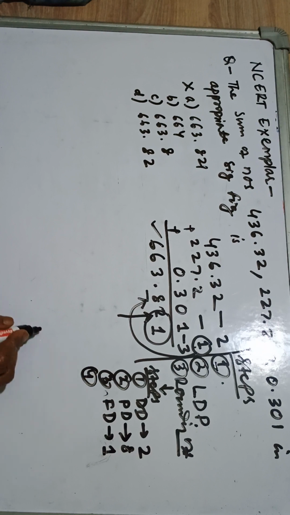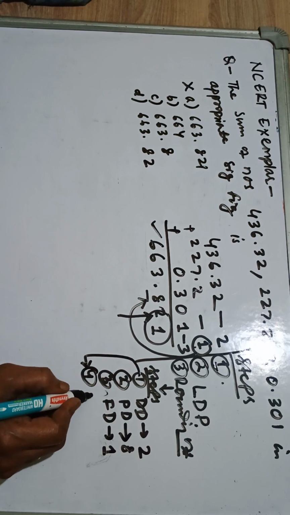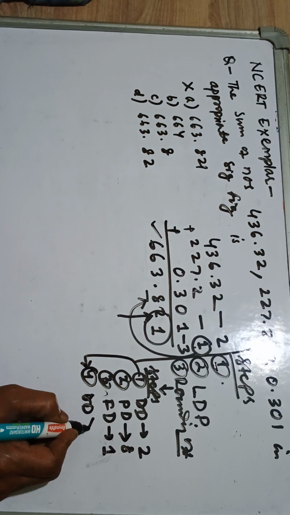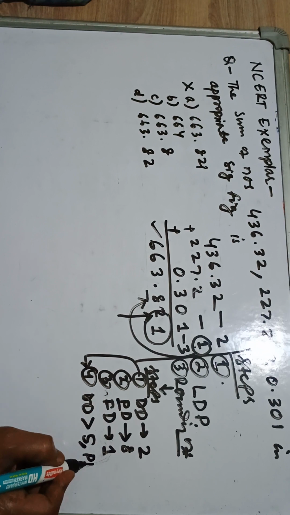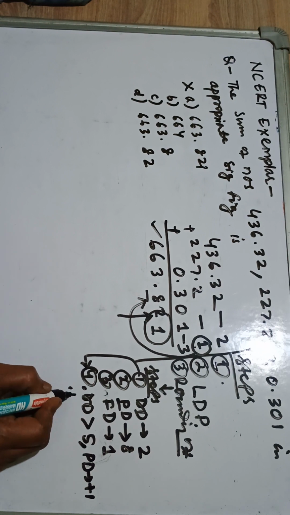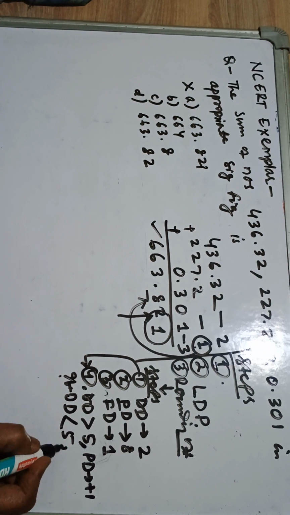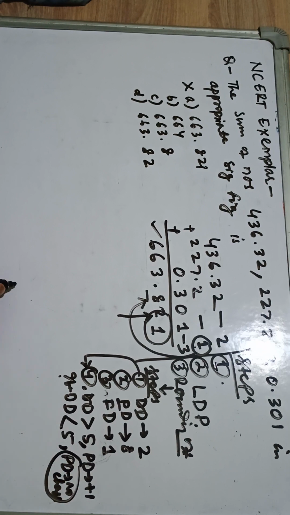The next step says check DD. If DD is greater than 5, then change PD by 1. If DD is less than 5, no change in PD.